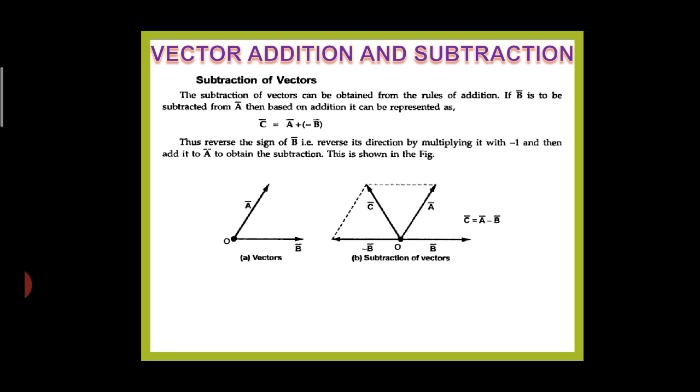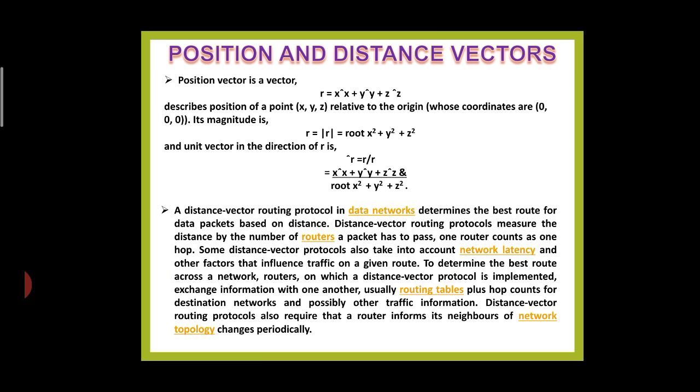Now next is position and distance vector. Position vector is a vector R equal to x into x hat plus y into y hat plus z into z hat. It describes the position of a point x, y, z relative to the origin whose coordinates are 0, 0, 0.